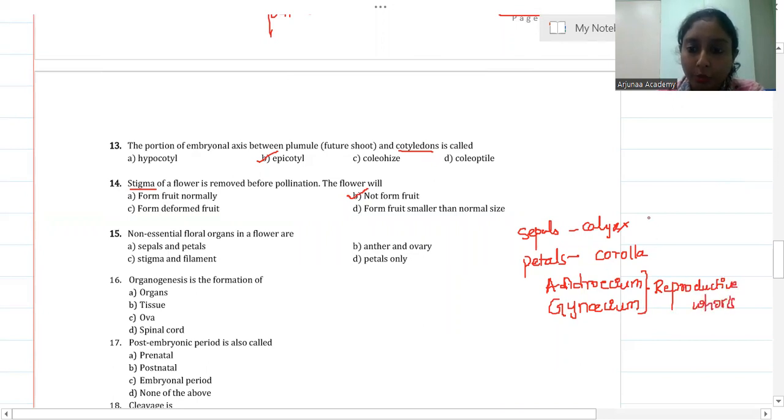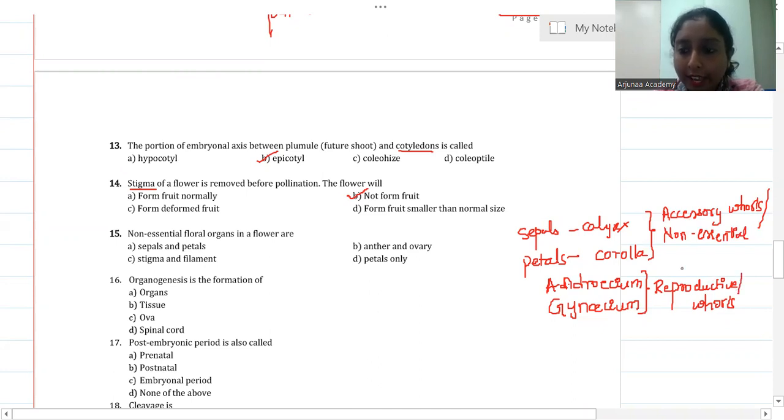And the first two, the sepals and petals, are not involved in reproduction. So they are considered as accessory whorls. And the other name for accessory whorls is non-essential. And the other name for reproductive whorl is essential.